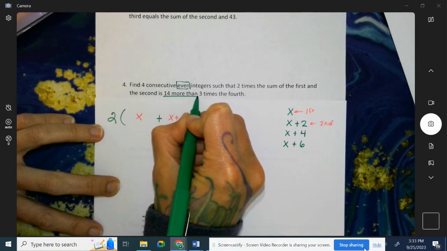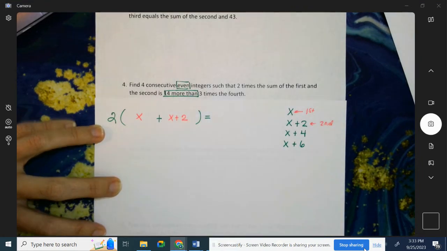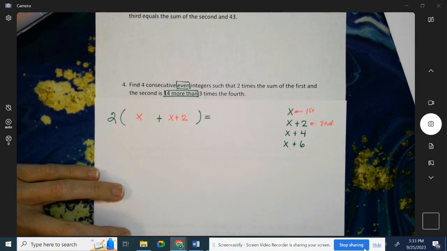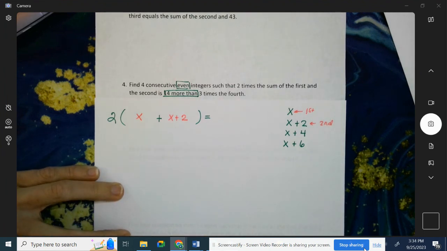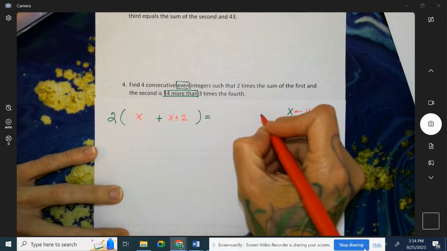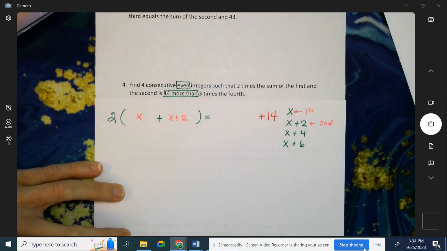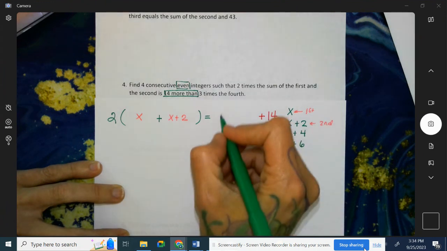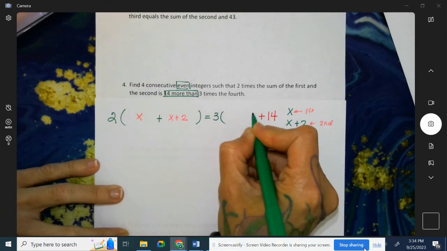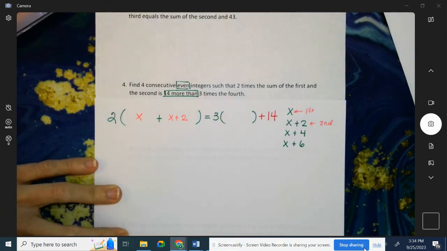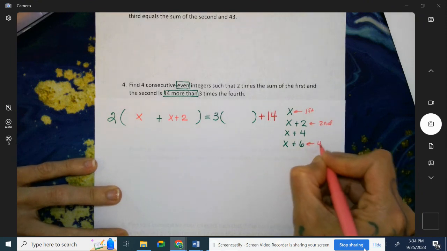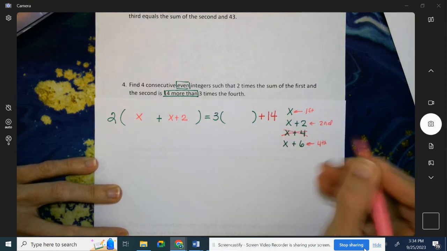This is where I messed up and got all crazy last time because I was talking about the less than. Less than is the same thing except it's subtraction. This is addition. But when it says more than or less than, it goes to the back. When you're adding, not as big a deal. But when you're subtracting, very big deal. More than 3 times the fourth one. And the fourth one is going to be that x plus 6. So we didn't use this at all.